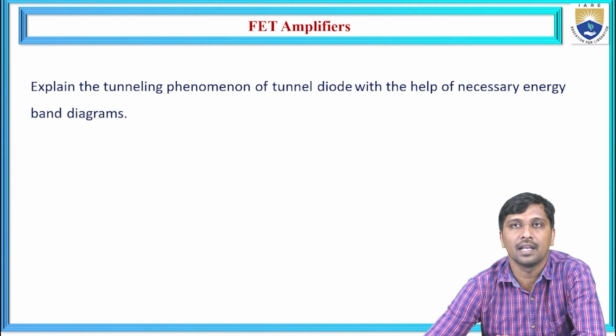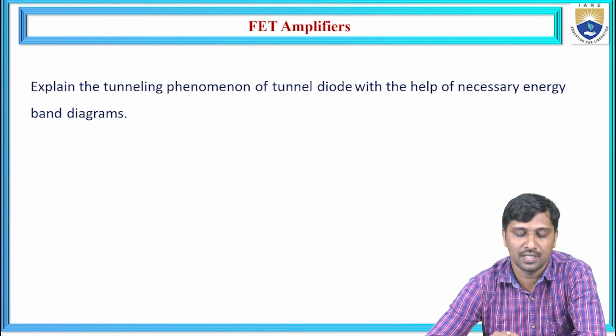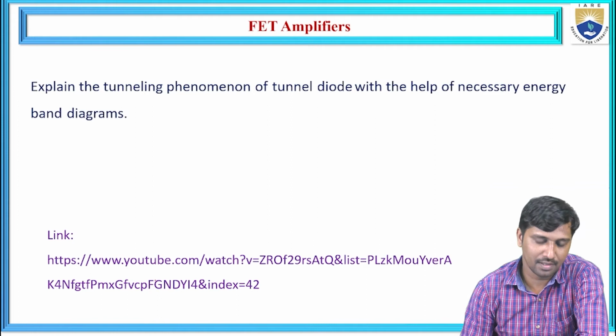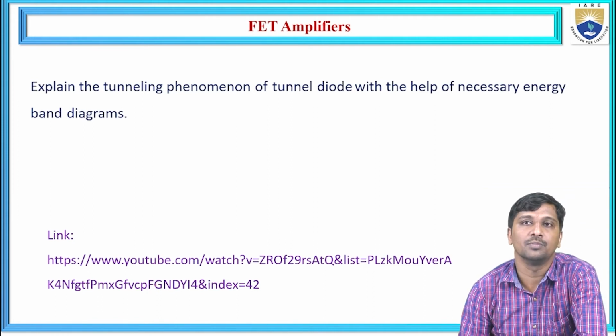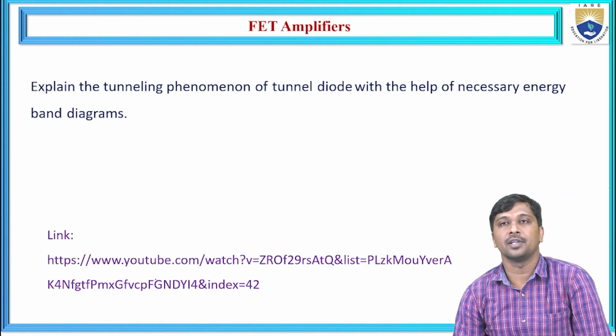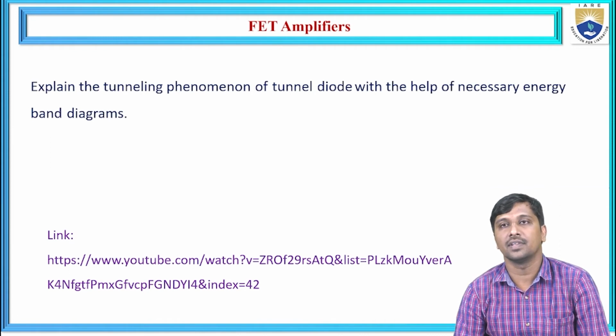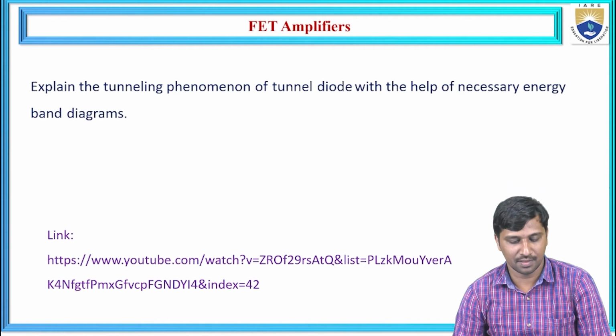You should explain at which voltage, and based on the doping levels, it allows the maximum flow of conduction across the tunnel diode. For this case, you should refer to this video link, in which we observed the tunnel diode principle, construction and operation with energy band diagrams.